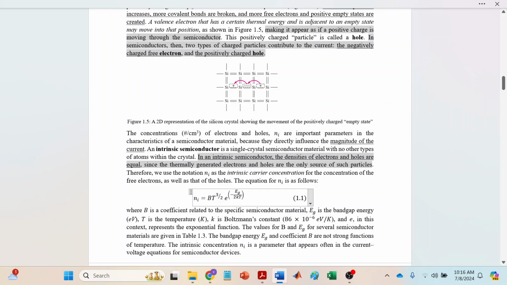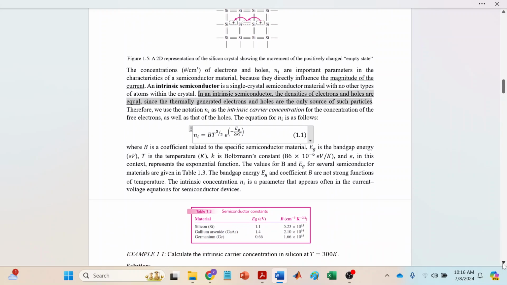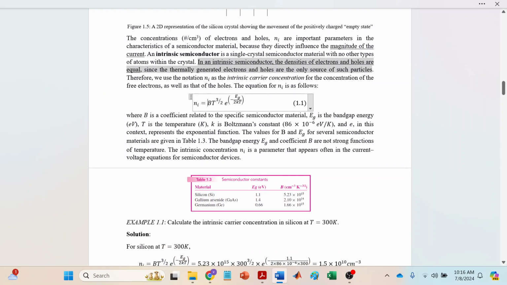B is a coefficient that is specific to a semiconductor material, and the unit is per cubic centimeter, then Kelvin to the power minus 3/2. Then T is temperature in Kelvin. In this case, E is an exponential, so exponential Eg.